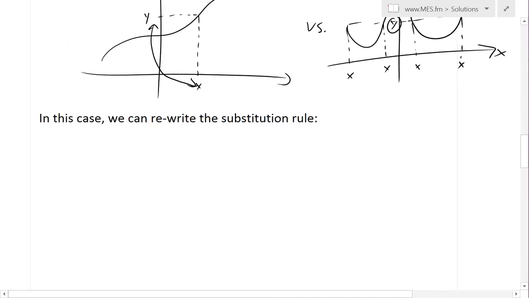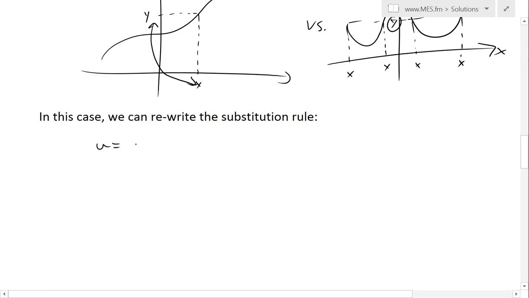we can write the original substitution rule. The original is when you let u equal a function, u equals g of x, and the differential is du equals g prime of x dx.